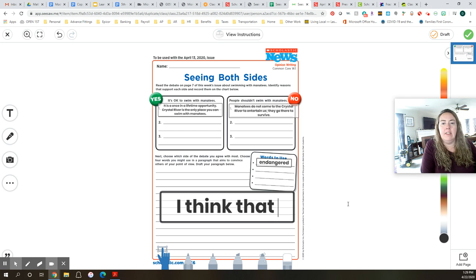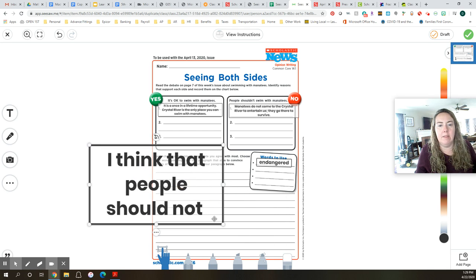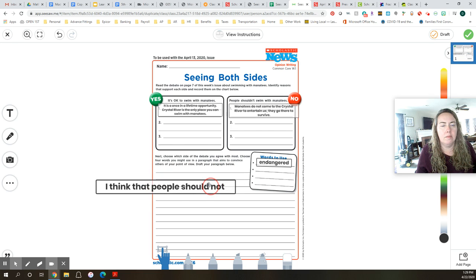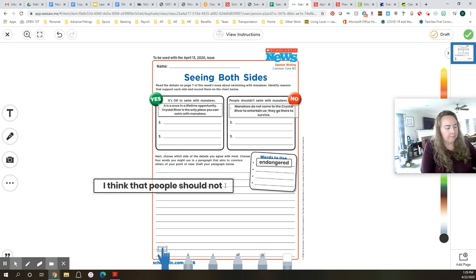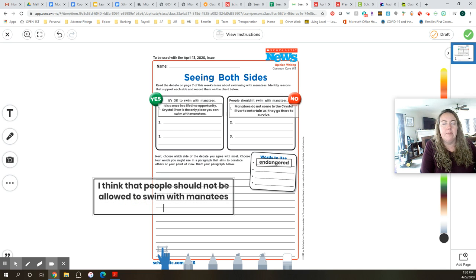I think that people should not, and I'm going to fix up my text box here and make it smaller, be allowed to swim with manatees in the Crystal River.